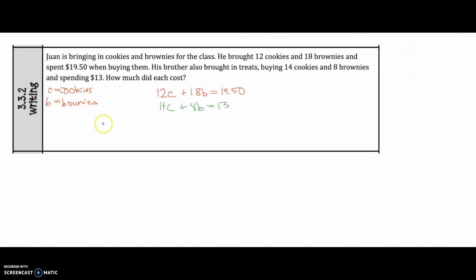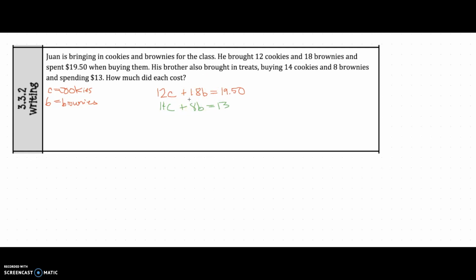So for elimination, I want to look at what I can multiply by to fix these because none of this will cancel. And I'm having a hard time thinking of what we would do. So 12 and 14, I can't multiply 12 by anything to get to 14, or at least not a whole number. Same thing with 8, I can't multiply 8 by anything to get to 18.